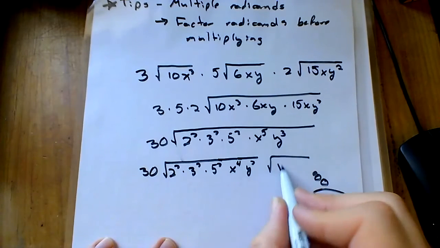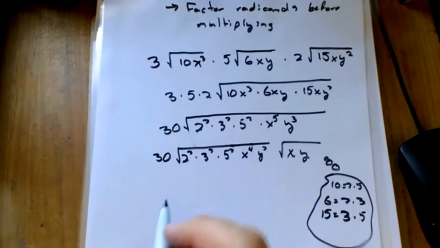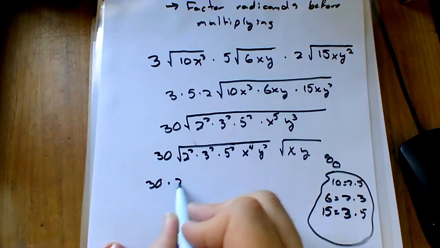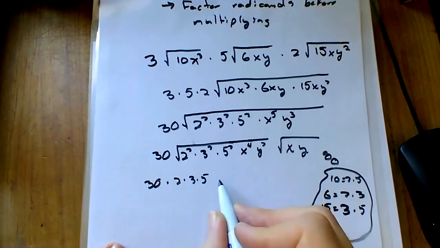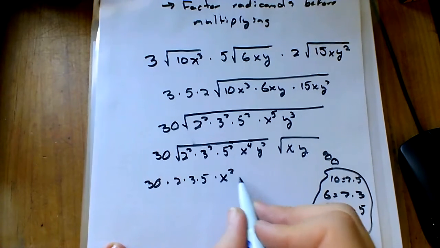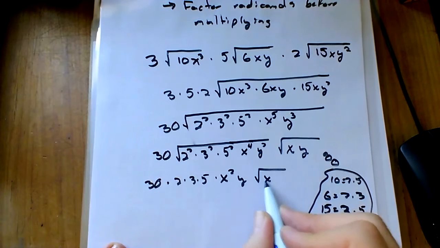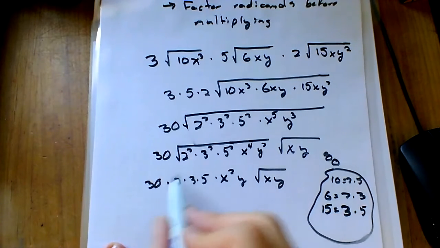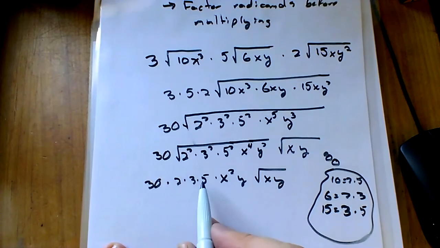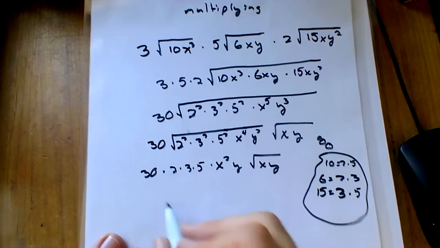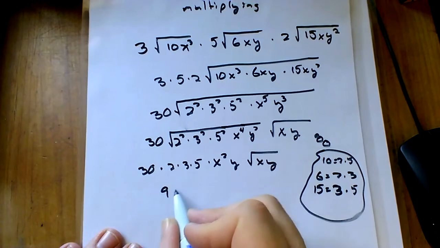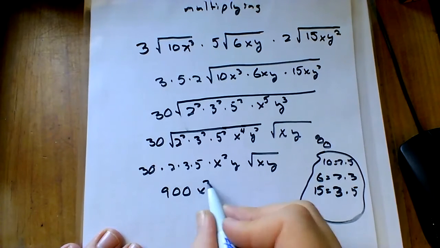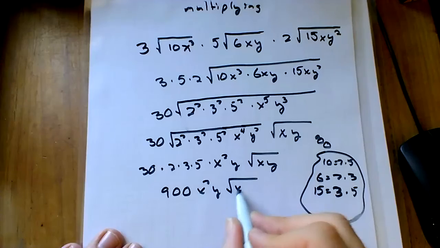It looks like I've just got a factor of x and y. So now I've got 30 times 2 times 3 times 5, and then times an x squared y. And so this is going to be times another 30. 30 times 30 is going to be 900 x squared y, and then I've got my xy.